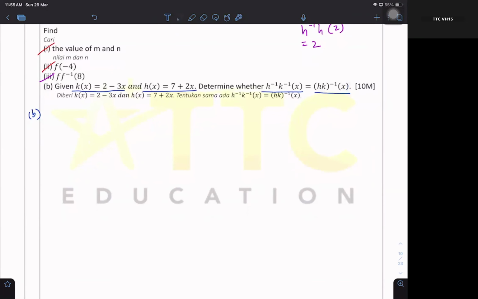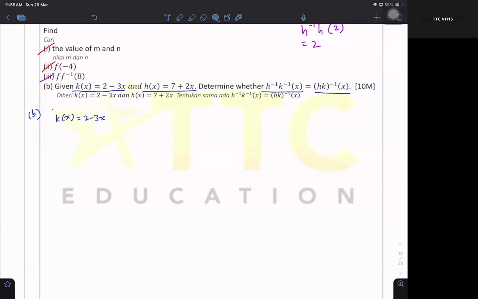You see, h inverse k inverse means you need the inverse function, right? So let's find out the inverse function first. Let's find out the k inverse. Now, I copy the original first.